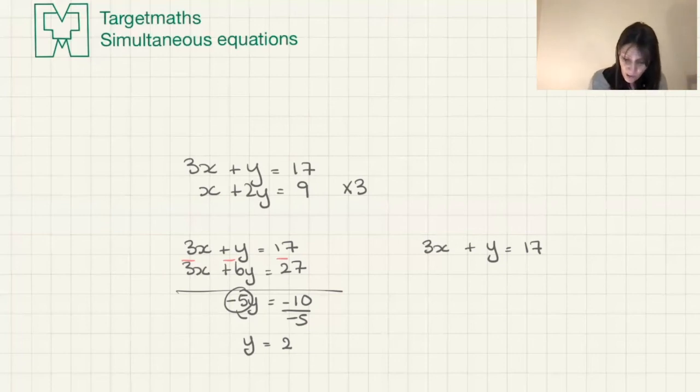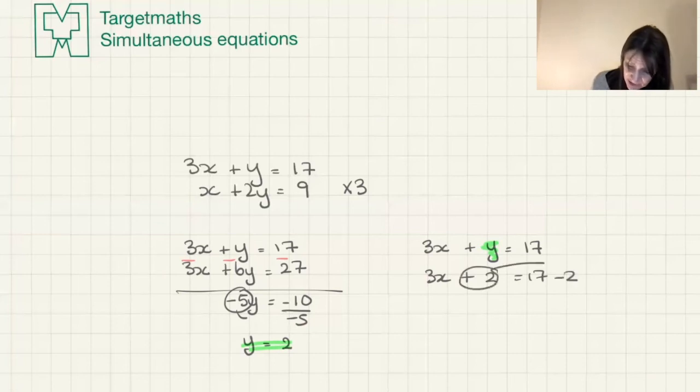I know that y is equal to 2, so that y there is 2. I've got 3x plus 2 equaling 17. And now I just solve it like a normal equation. So plus 2 lands as minus 2. That's gone, leaving me 3x on this side equaling 15. Divide through by the 3, and x is equal to 5.